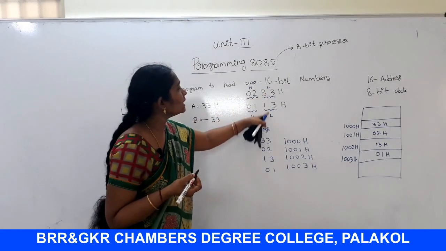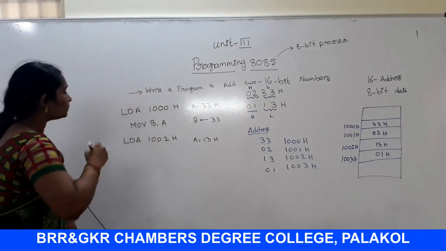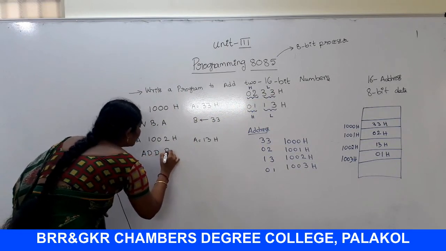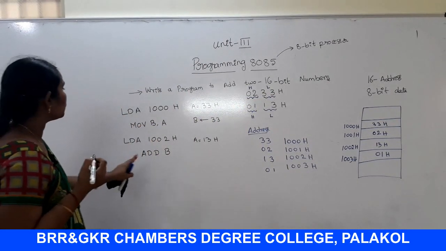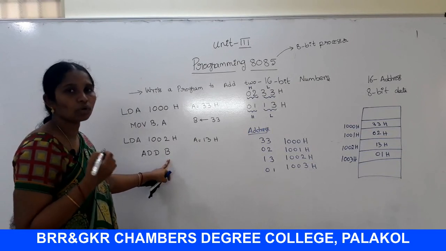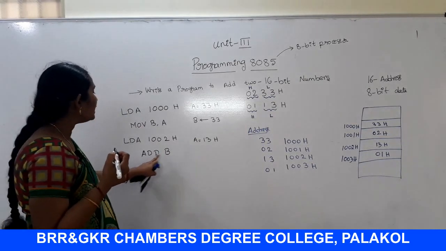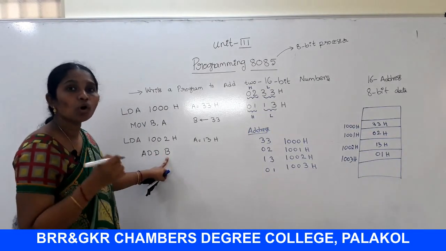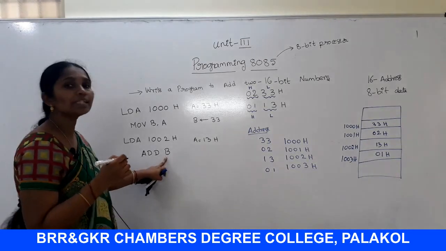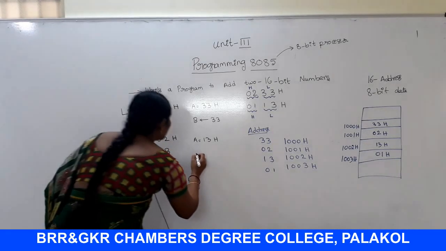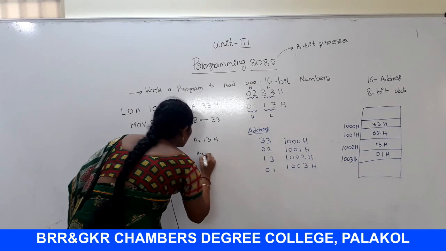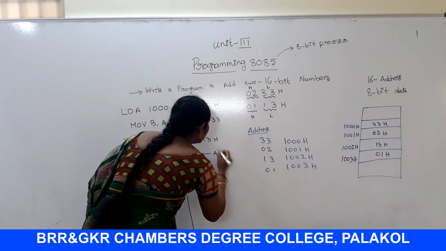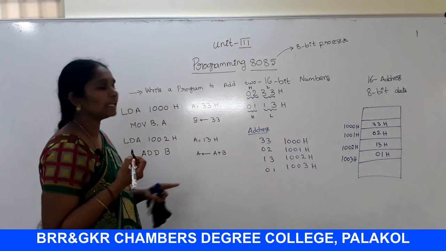You have to add these two numbers. For that purpose, I consider another instruction, that is ADD B. What is the meaning of this instruction? The contents of the B register are added to the contents of the accumulator.